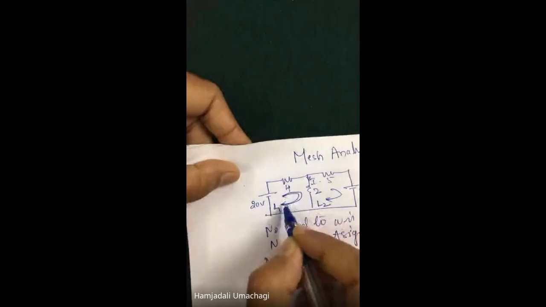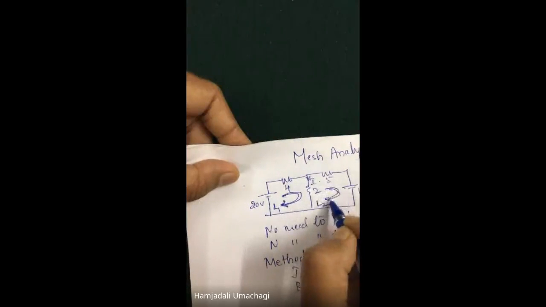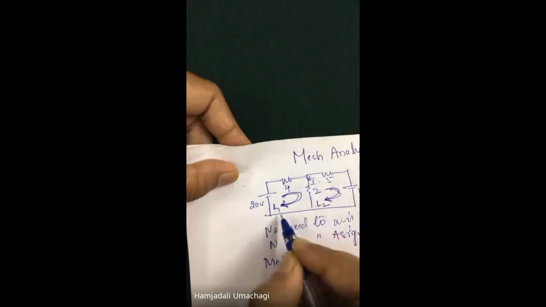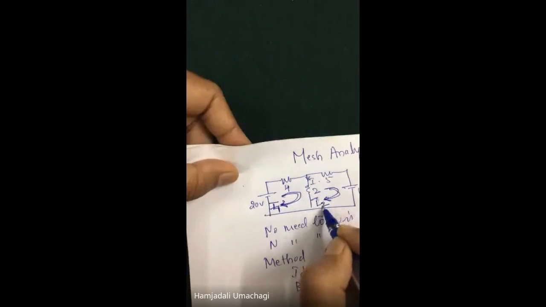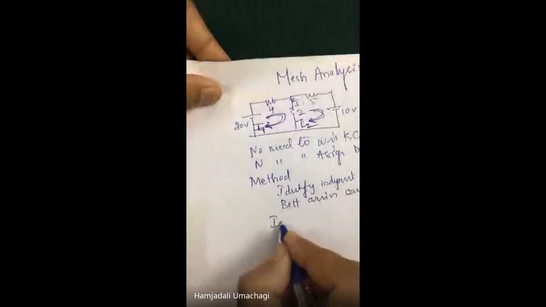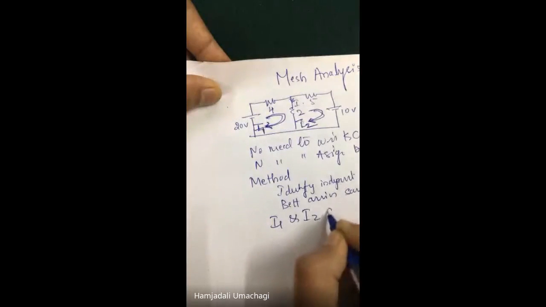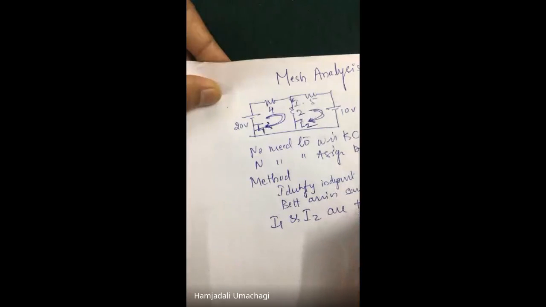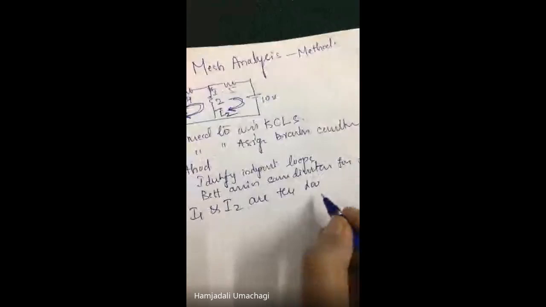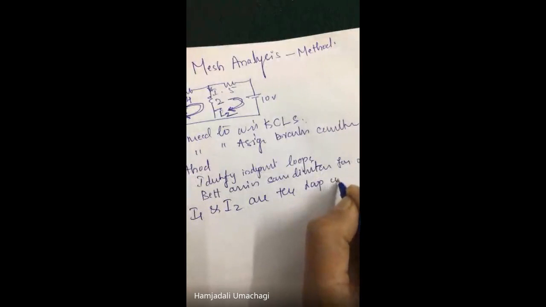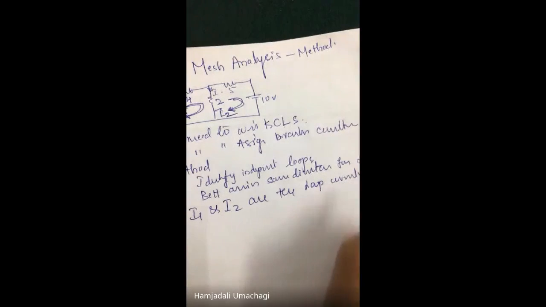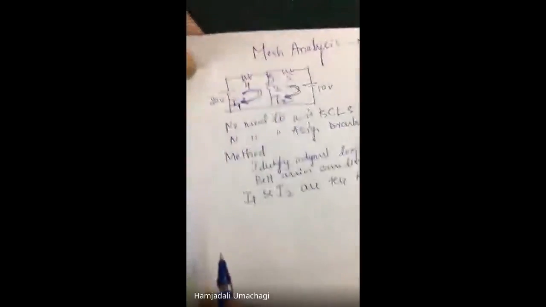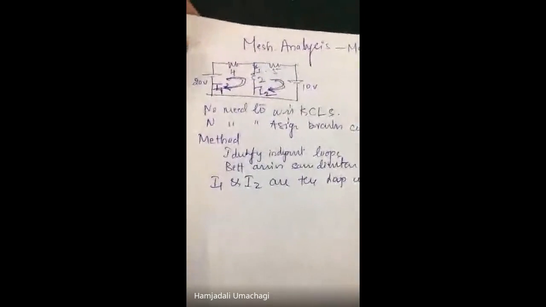Here I am assigning a clockwise direction for loop currents I1 and I2. So I1 and I2 are the loop currents.